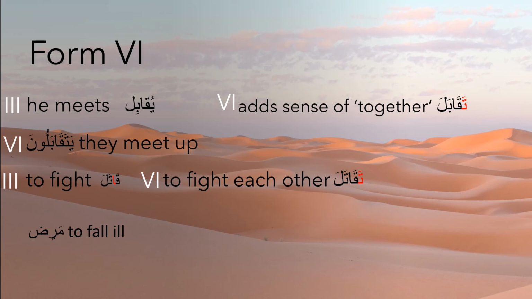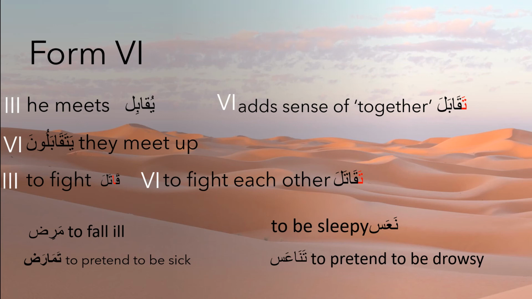You may know that mumarida is nurse, marid means ill, and marida itself means to fall ill, and then tamarada means to pretend to be sick. So if you want to get out of something and you're pretending to be sick, then that's the verb you would use. Same with na'asa, which means to be sleepy, and then tana'asa, where you want to not do something, for example, so pretending to be sleepy.